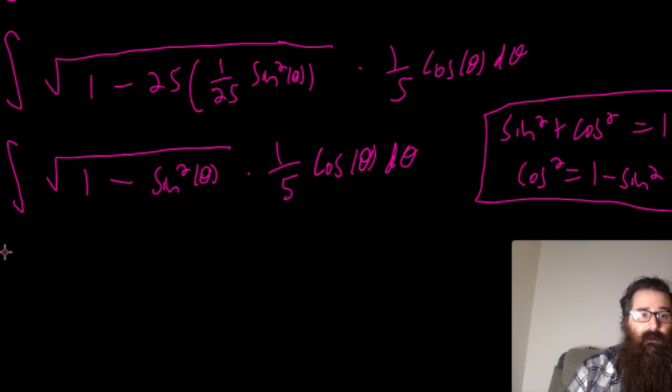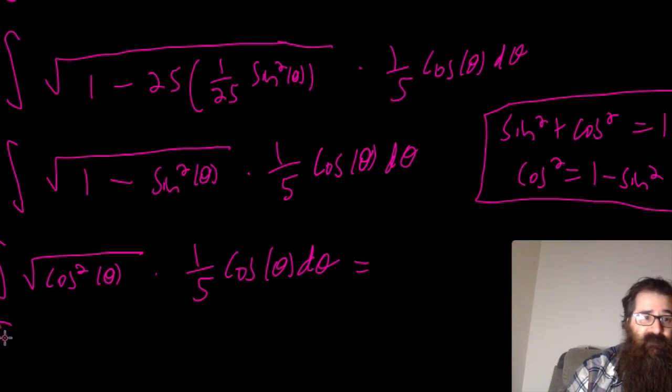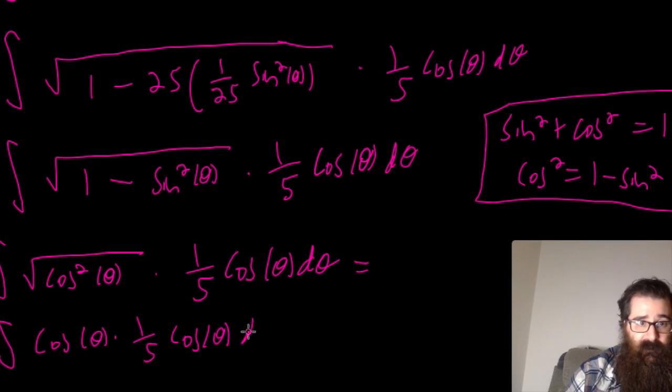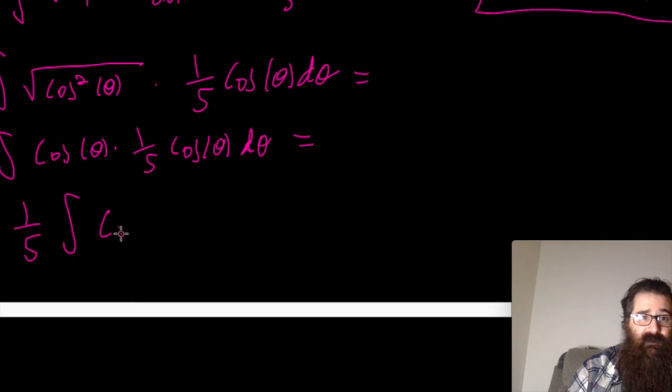So now I can go here and write this as the antiderivative of the square root of 1 minus sine squared theta, which is cosine squared theta, and then times 1/5 cosine theta d theta, which is going to give me the antiderivative of cosine theta times 1/5 times cosine theta d theta. Or, the moment we've been waiting for, I can say that this is 1/5 the antiderivative of cosine squared theta d theta.